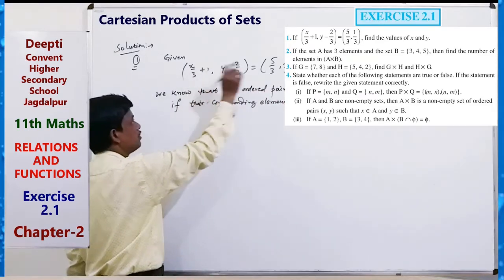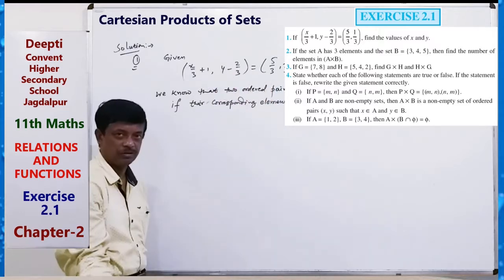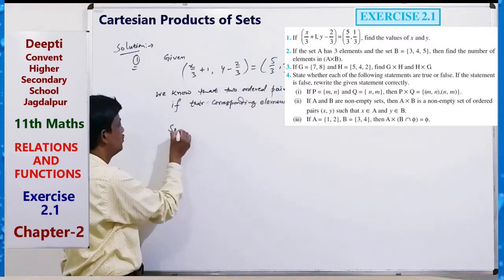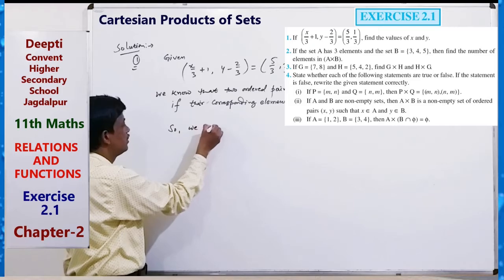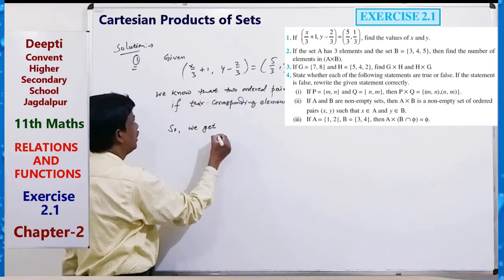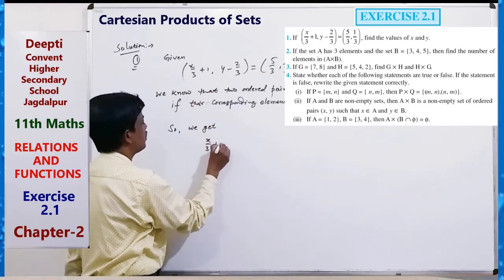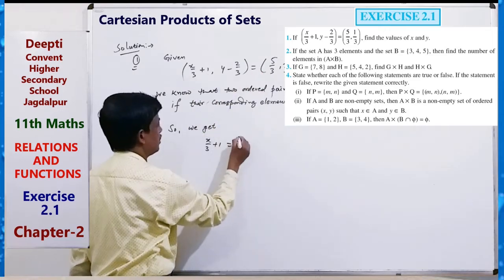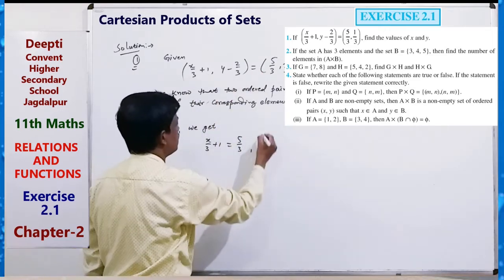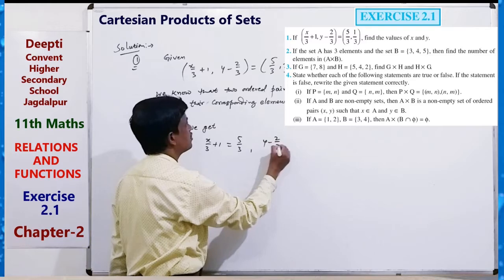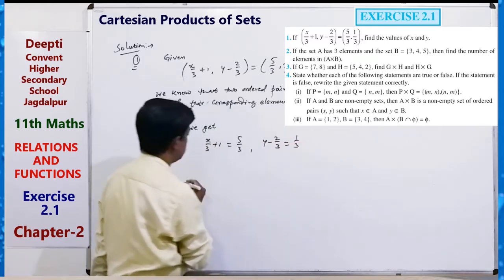Corresponding elements means the first element and the second element are equal. So we get x by 3 plus 1 equals 5 by 3 for the first element, and y minus 2 by 3 equals 1 by 3 for the second element.